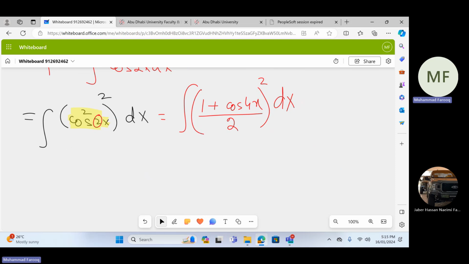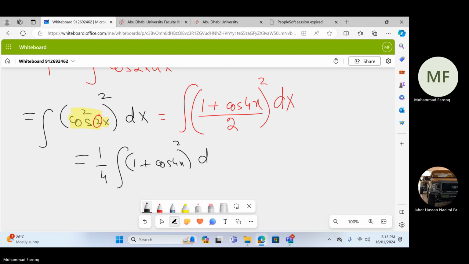This 1 by 2 has power how much? 2, so taking it outside, we can write 1 over 4. Can I write like that? Yes. So integrate 1 plus cosine 4x with power 2 and dx. Now, (a plus b) square. Expand this.